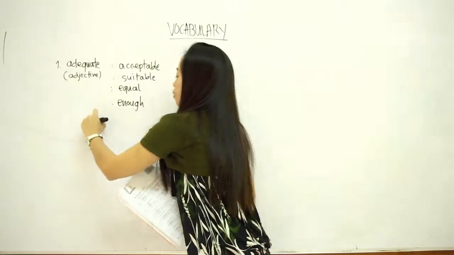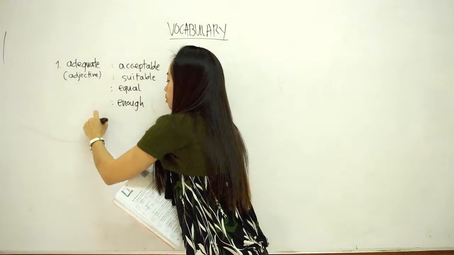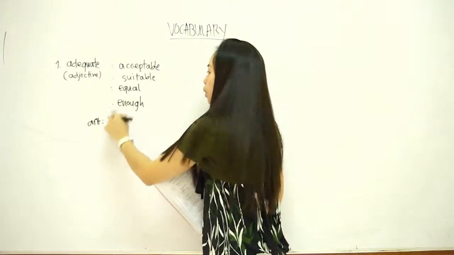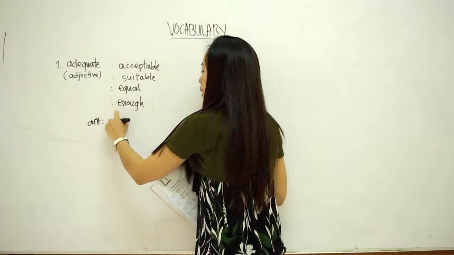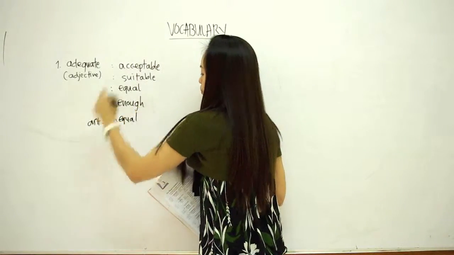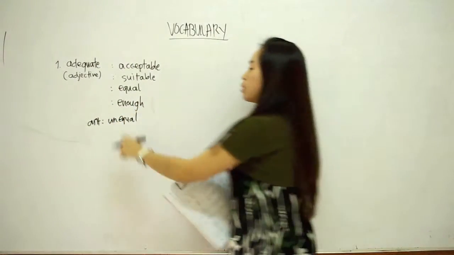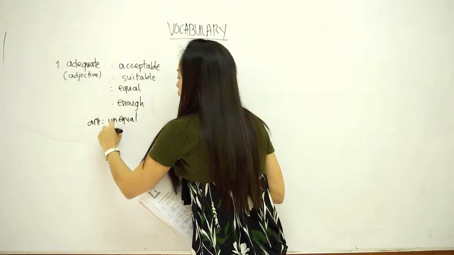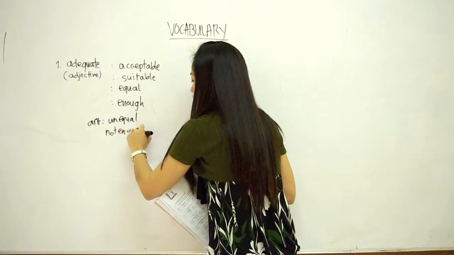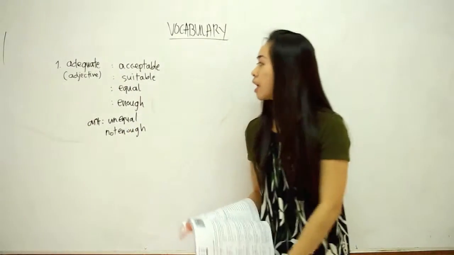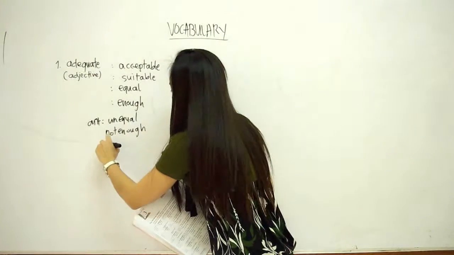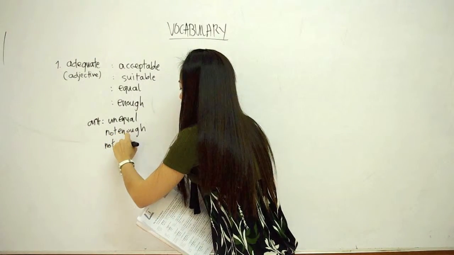Let's focus on the antonym of this word. From the word equal, just put the prefix un plus the word equal. From the word enough, not enough. From the word suitable, you can also put the word not suitable.